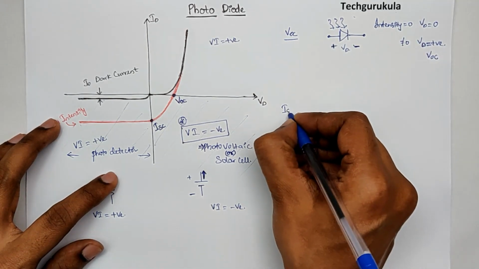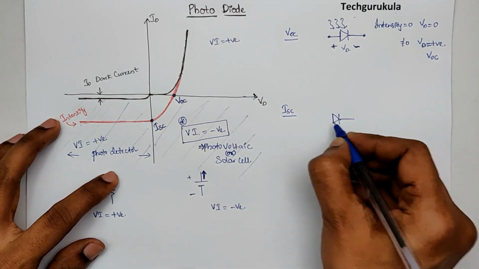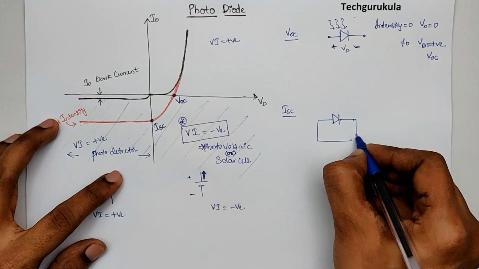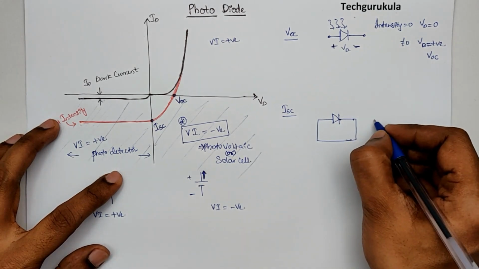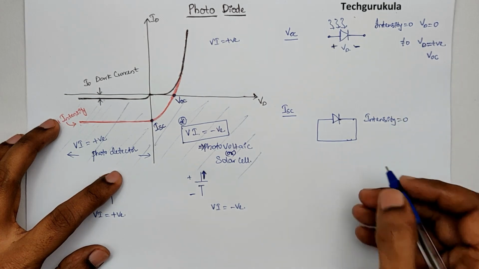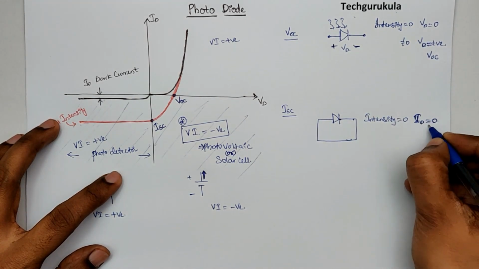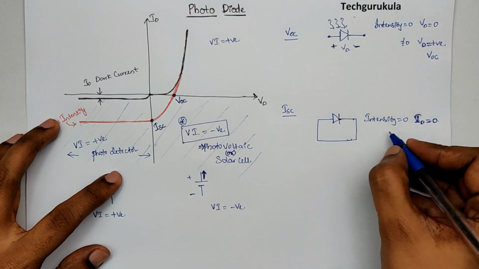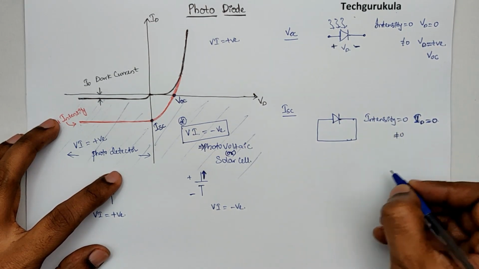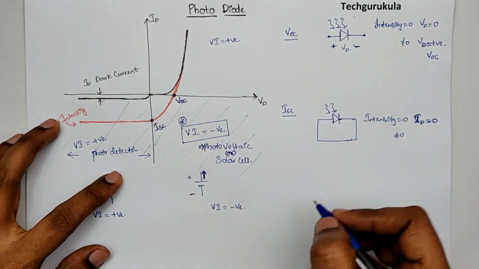And now coming to ISC, which is short circuit current. So we have a diode and we short the terminals, and ideally in a normal diode where the intensity of the light is, let's say, 0, which means there is no light incident, the current flowing through the diode would be 0. Whereas when intensity is not equal to 0, when there is incident light, there would be current flow.